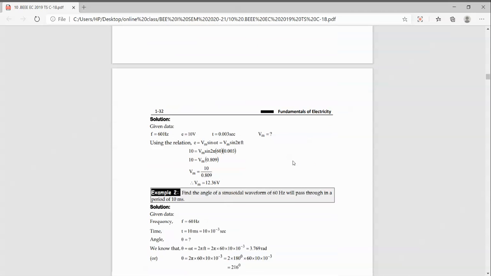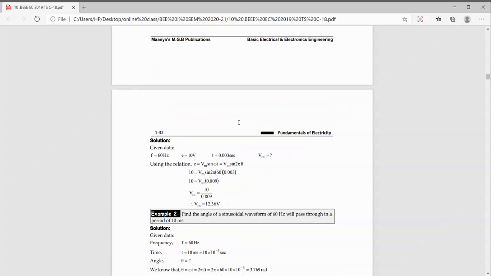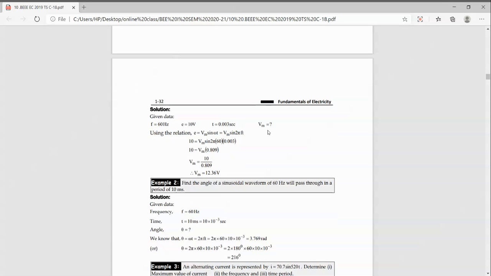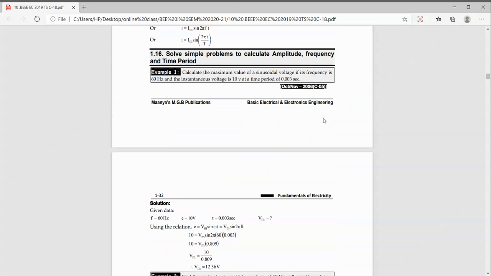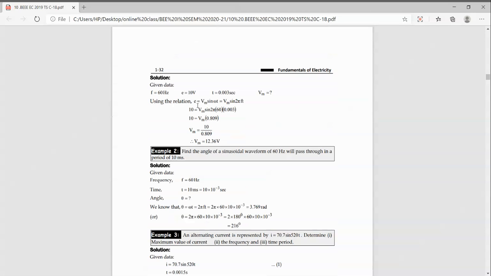So we first write down the given data: f is 60, small v is 10, t is 0.003 seconds, and Vm is equal to how much?